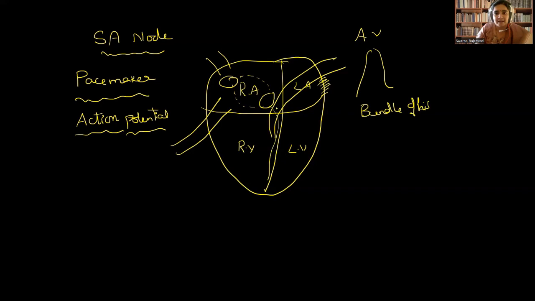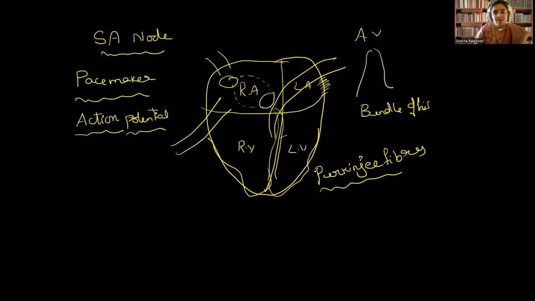It travels along the auriculoventricular septum and along the ventricular septum, and later surrounds the entire wall of the ventricle as Purkinje fibers. Purkinje fibers pass the contraction signal initiated by the SA node to the entire heart. So the SA node starts the initiation of the contraction, which is why it is called the pacemaker of the heart.